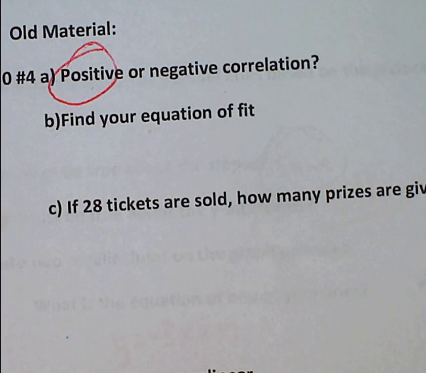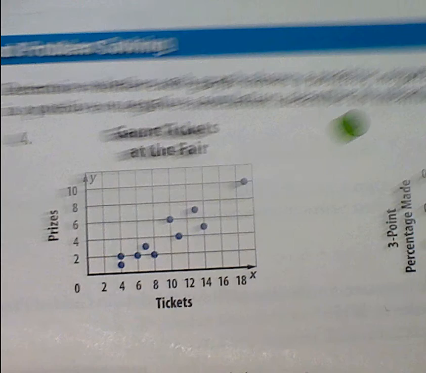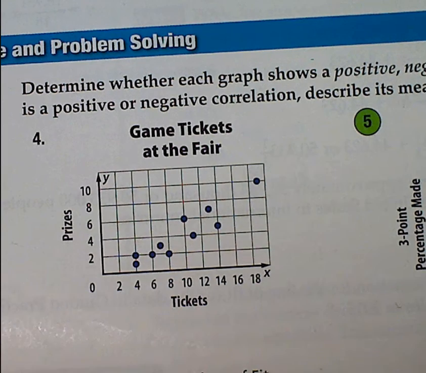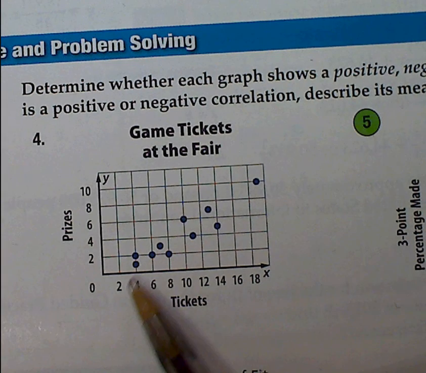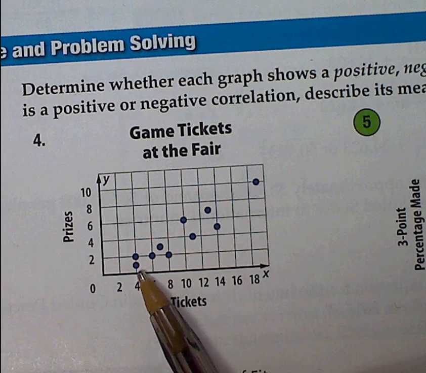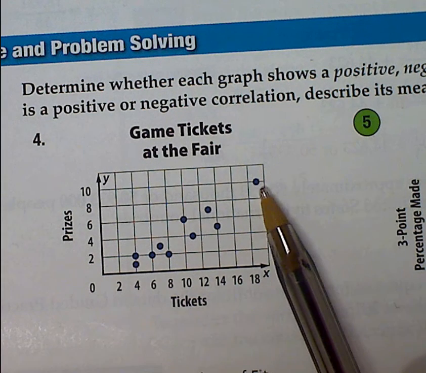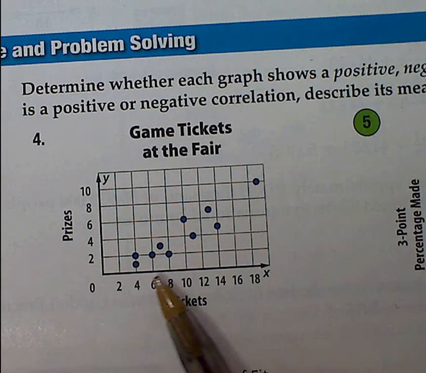If I were to draw a line through these points, I would want 2 points as far apart as possible that I could choose. If I drew a line, it would go through this dot and this dot. So I'm going to estimate.